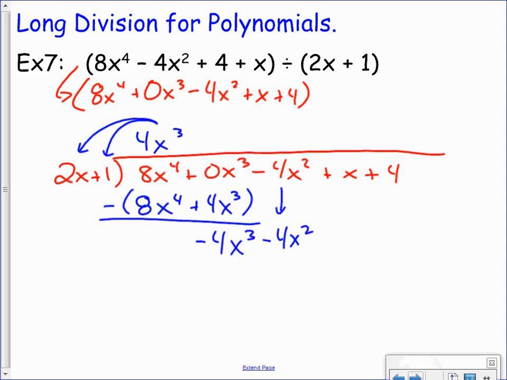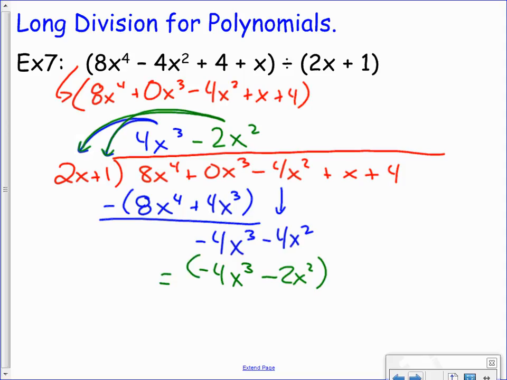Here we go. I need to get to negative 4x squared. Minus 2x squared. It's good. It's so good. Here we go. This is negative 4x to the third. This times positive 1, sorry, is minus 2x squared. Parentheses, subtract.